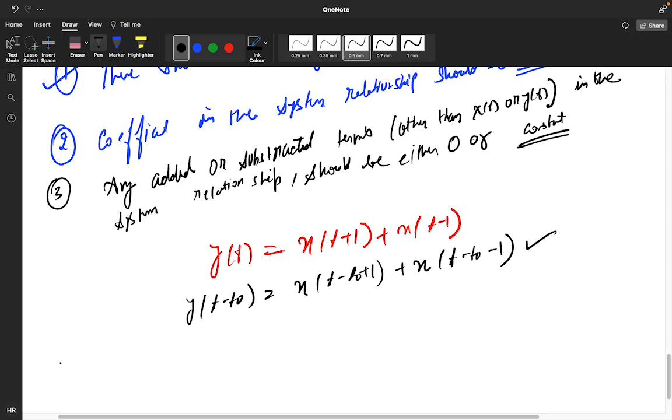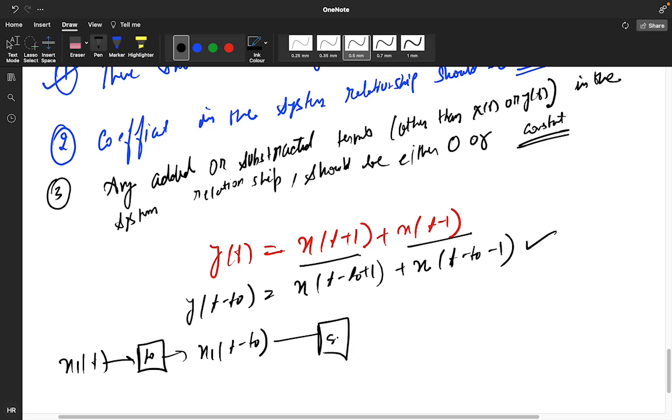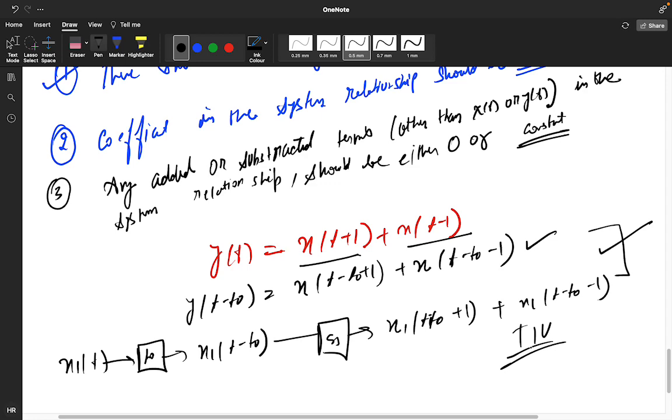Now if you put x1 of t as the input and delay by t naught, you get the input x1 of t minus t naught, and it passes through the system and you get x1 of t minus t naught plus 1 plus x1 of t minus t naught minus 1. So these two are the same. So it is time invariant.